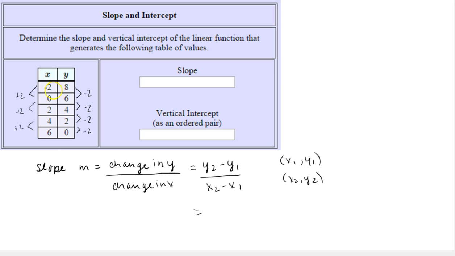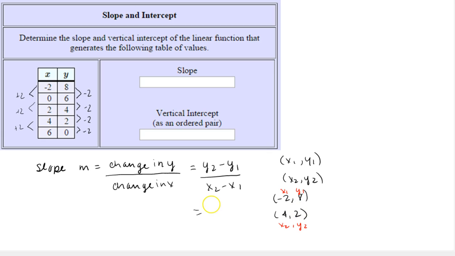So I'm going to pick -2, 8, and how about 4, 2? So let's use a pen. We'll say this is my x1, y1, and this is my x2, y2. And it doesn't matter which one you call 1 or which one you call 2, as long as you're consistent in the formula.